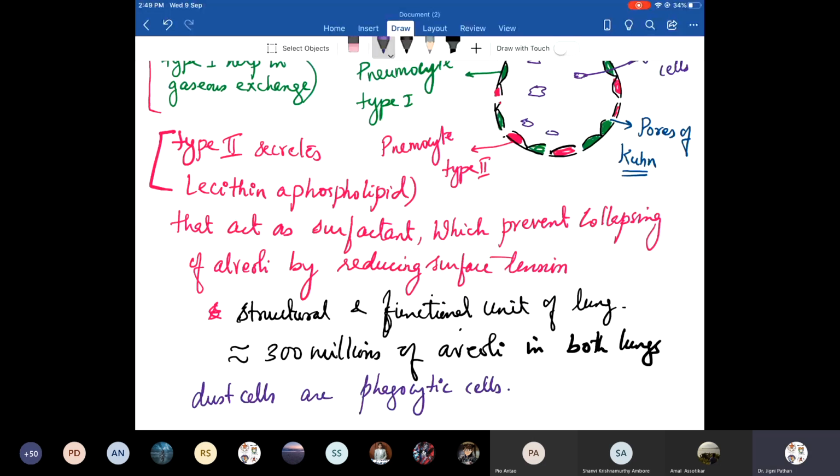Do you think the alveoli is solid or there is a cavity inside? Don't look at the diagram and say. Come on, tell me, I'm waiting.